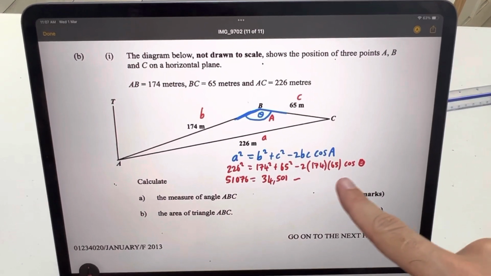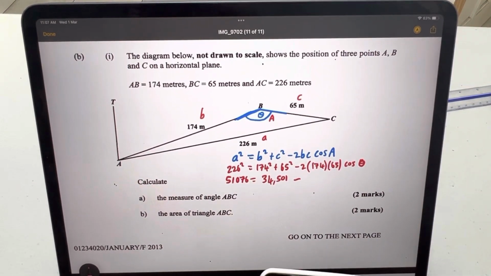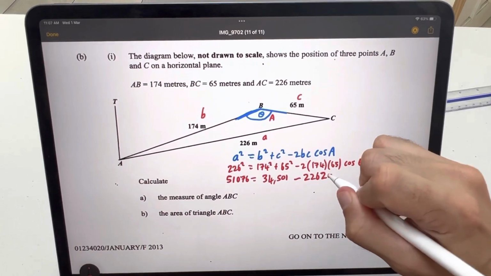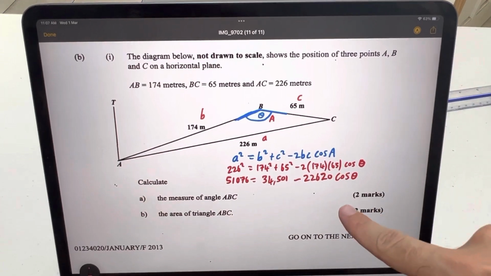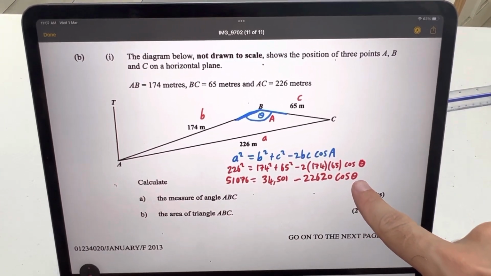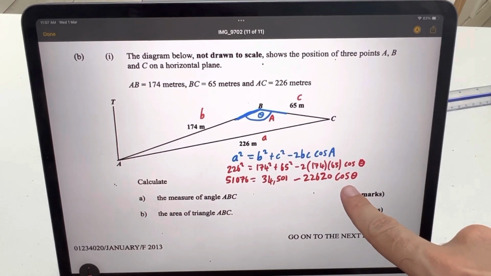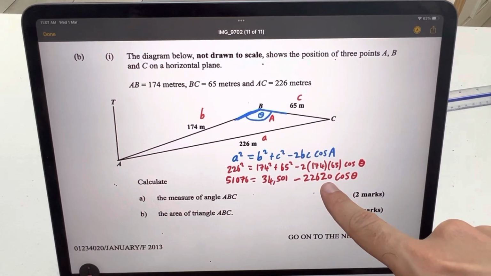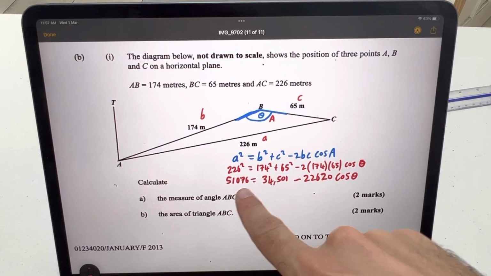We have to be extremely careful with this because all of this is one term. We have 2 times 174 times 65. Okay, so we end up with this line, and we need to get theta by itself. To do that, we need cos theta by itself. I prefer working with positive, so I'm going to move this to the left, and I'll move this 51,076 onto the right.